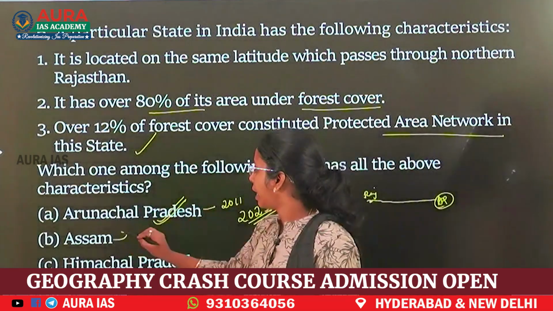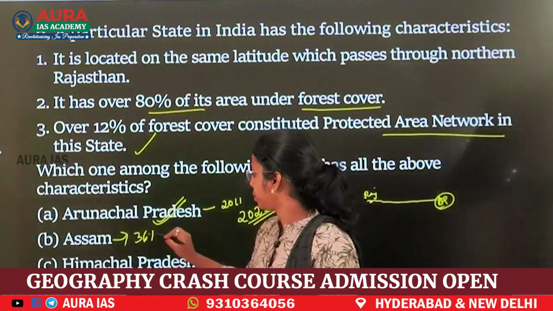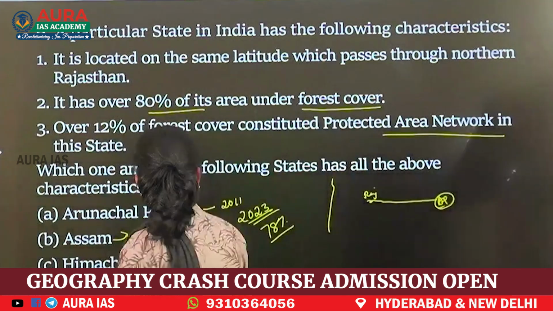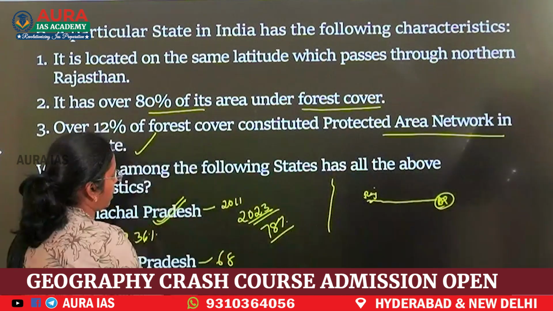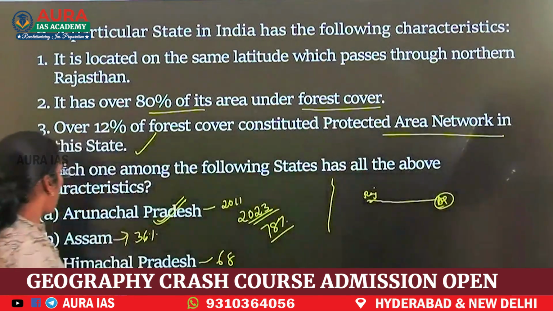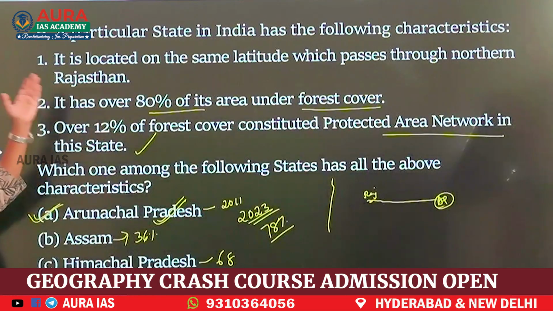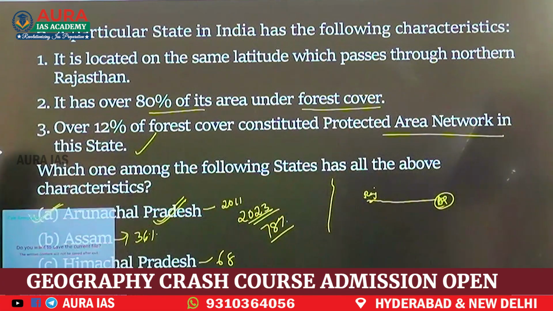Arunachal Pradesh. Assam is around 36%, I think. Now Himachal Pradesh around 68. Uttarakhand is around 45. So the answer is Arunachal Pradesh. It was asked in 2012. At that time, Arunachal Pradesh had 80% of its area under forest. Answer is Arunachal Pradesh.